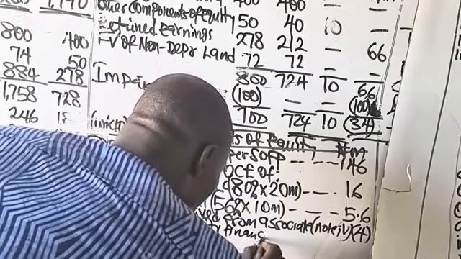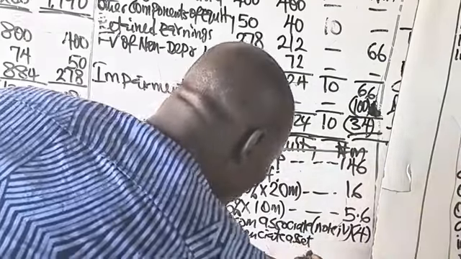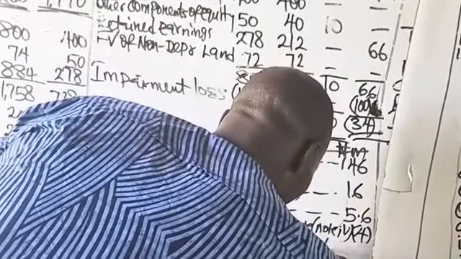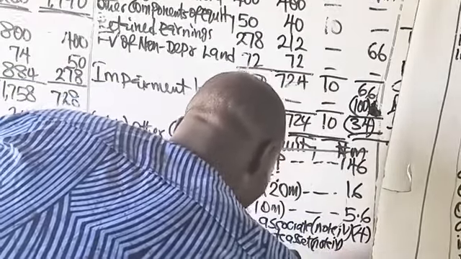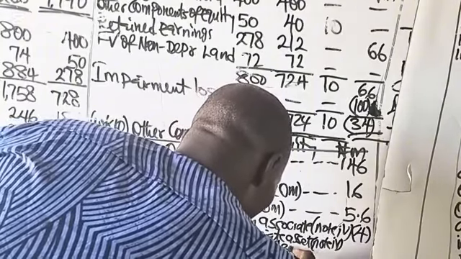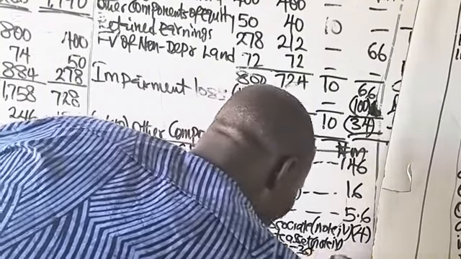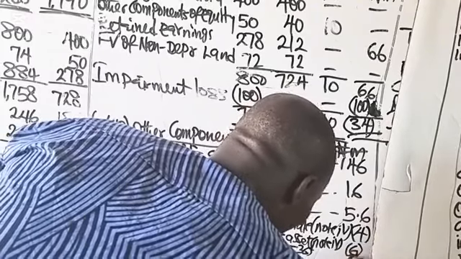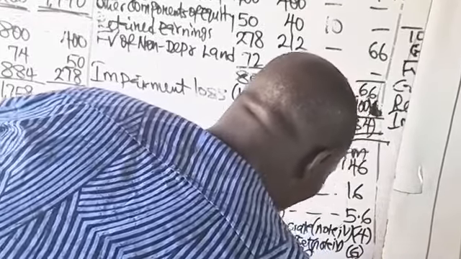This information is captured in note 4 IV. That is the difference between 42 million, which is the fair value, minus the cost of 36 million. You have a difference of 6. It is this 6 million that will be added to other comprehensive income.